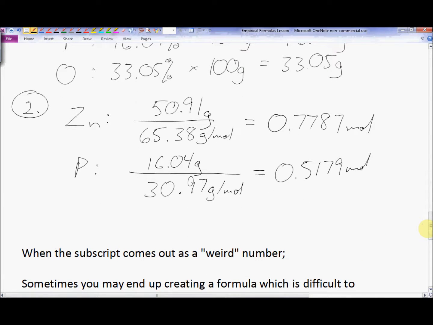Moving forward, for oxygen, we said that our sample would have 33.05 grams. Divide that by the molar mass of oxygen. It is 16.00 grams per mole, and that works out to be 2.066 moles.